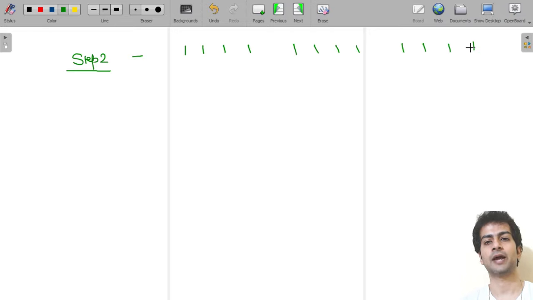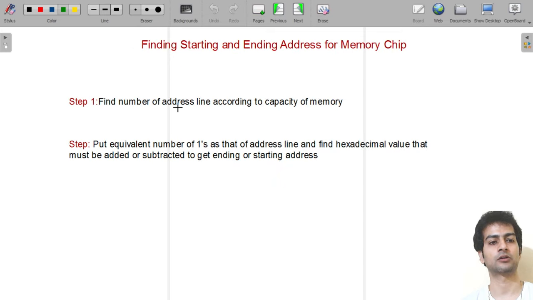If n had been 13, then we would have written 13 ones. See what is written in step 2.